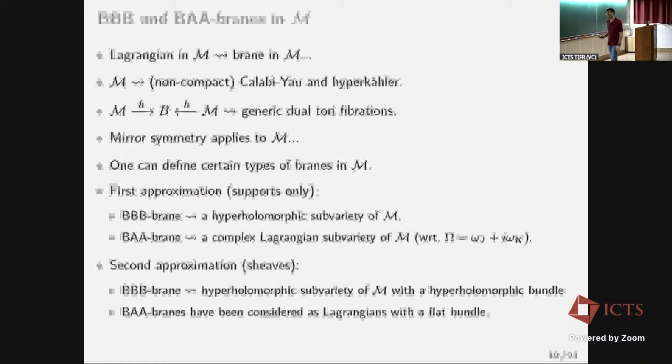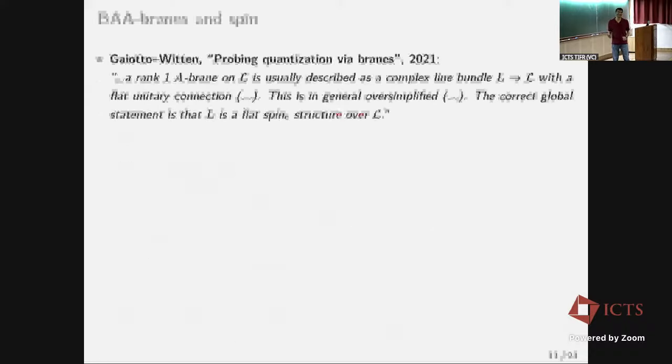For BAA branes, the story is a little different. BAA branes have been considered as Lagrangians with a flat bundle. So they've been defined like that. But actually, that flatness condition seems to be oversimplified. And it's not me who says that. It's Gaiotto and Witten, so we better take it into account.